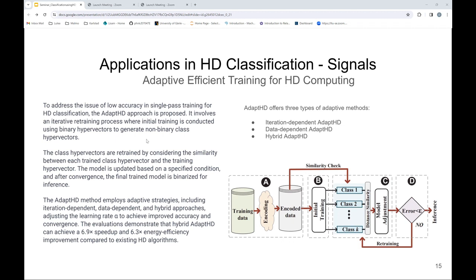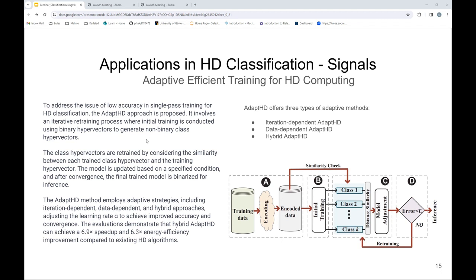The model is then updated based on the specified conditions, and after convergence, only the final trained model is binarized for inference. The AdaptHD method employs adaptive strategies, including iteration-dependent, data-dependent, and hybrid approaches, adjusting the learning rate alpha to achieve improved accuracy and convergence.